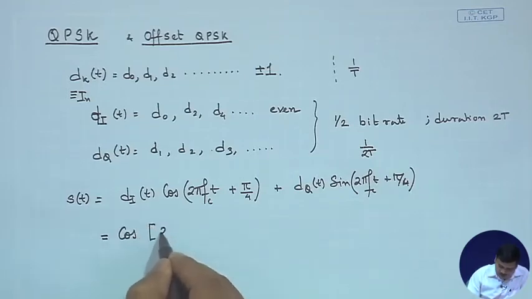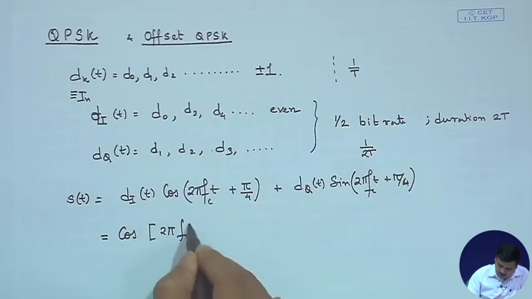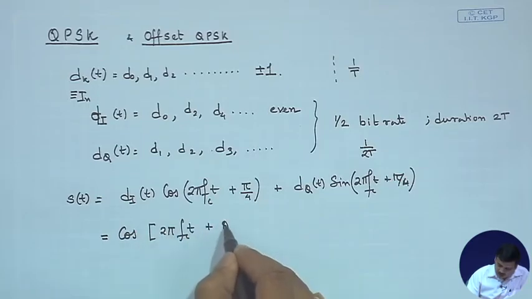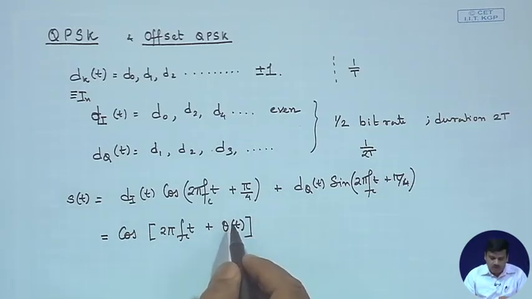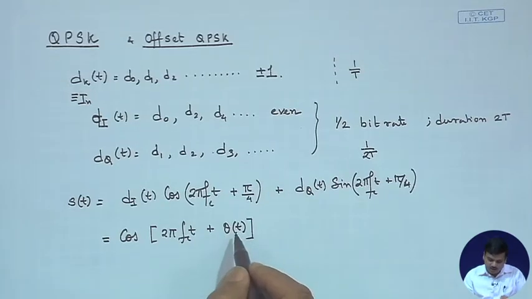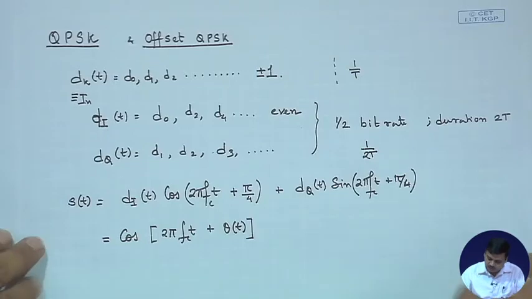And you could also write this in the form of cos(2 pi f_c t plus theta(t)), where this theta would be choosing one of the 4 possible phases that are required in a typical QPSK.